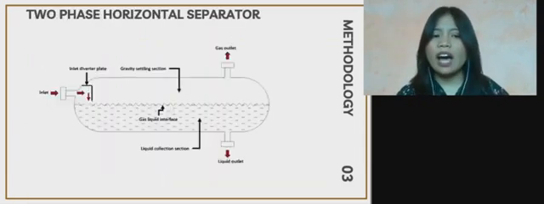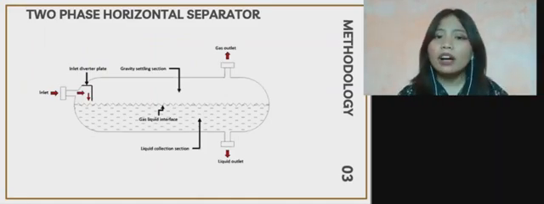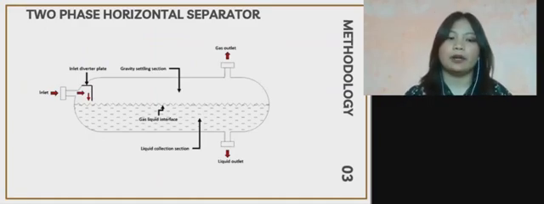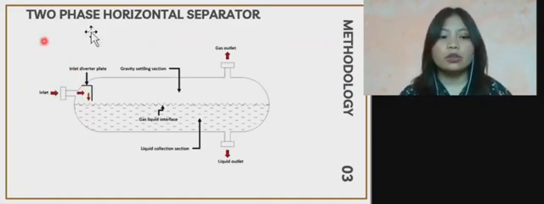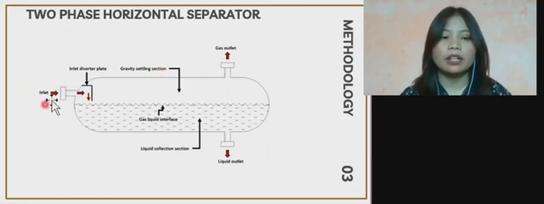So how do all these separators work? What is the working principle of the separator vessels? The two-phase horizontal is not complicated. Here's how it works.